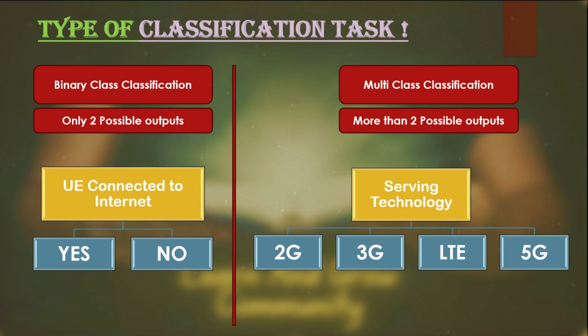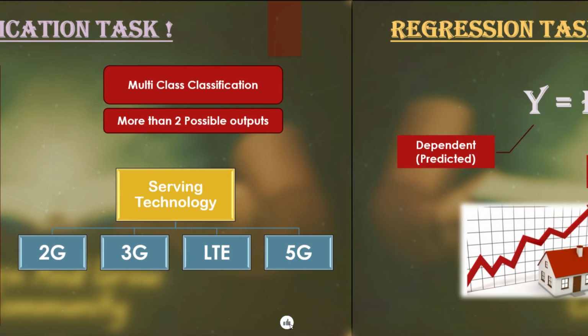Now suppose you wanted to know in which technology the UE is connected, then it will be the example of multi-class classification because the device can be connected through the GSM network or the CDMA network or 3G network or 4G network or 5G network, right? So this is multi-class classification. I hope I made it a little clear to you now.